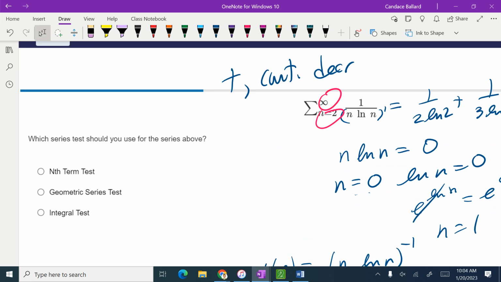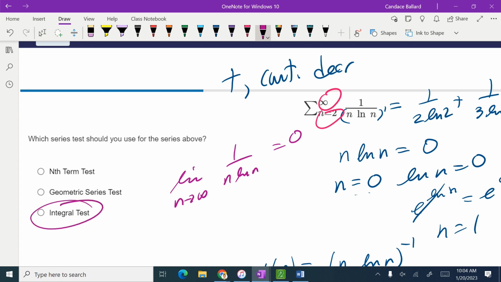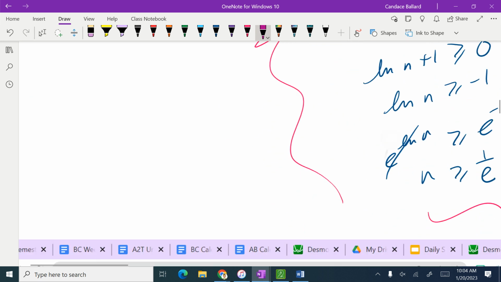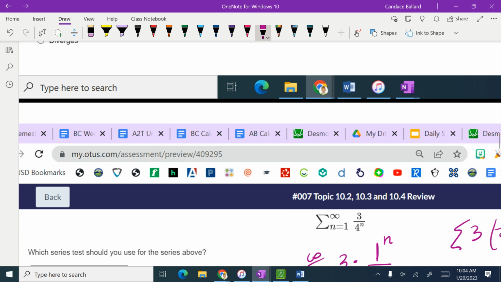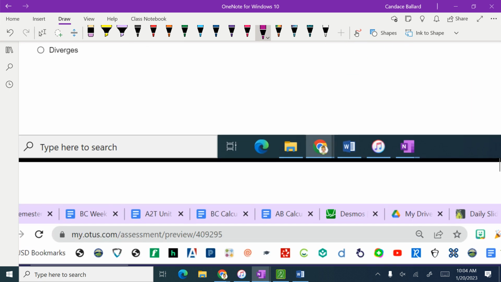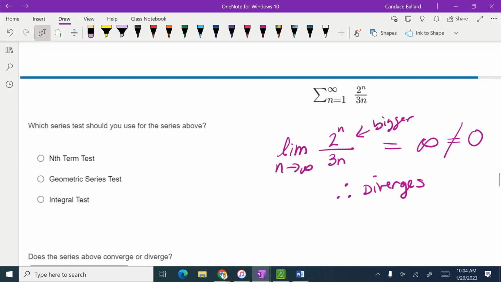If I do nth term, the limit as n approaches infinity of 1 over n natural log of n, that's definitely 0. It's exactly equal to 0. So that means nth term is inconclusive. I have no choice, I have to go to integral. Does that make sense? Okay. Again, we're only like 2 weeks into this. You're going to keep getting better at it. This is kind of our first stab at this.